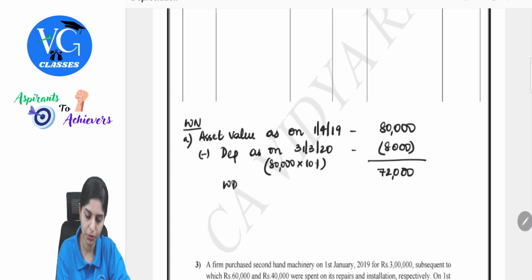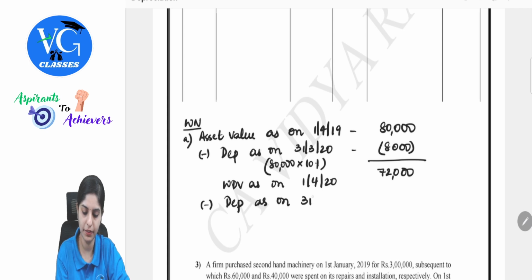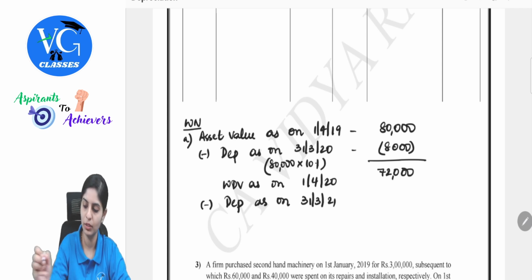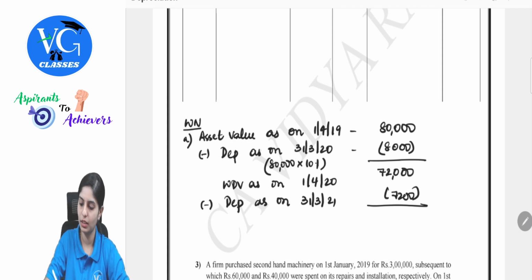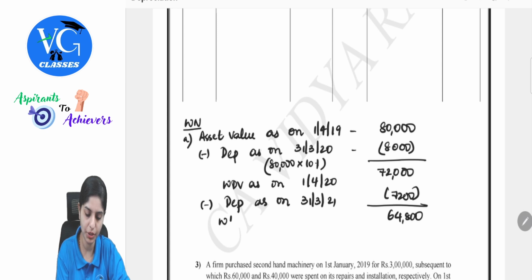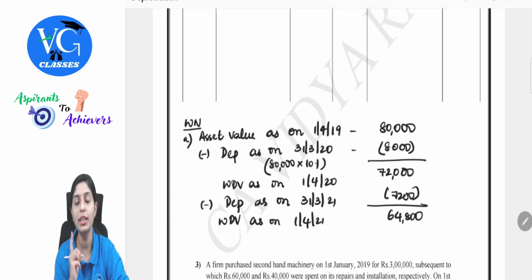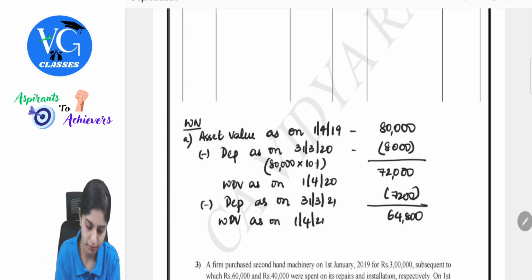This is WDV as on 1st April 20, minus depreciation as on 31st March 21 on 72,000, 10%, 7,200. So that will be 64,800. This is WDV as on 1st April 21. We want the value as on 1st October 21. So we will calculate depreciation until then.